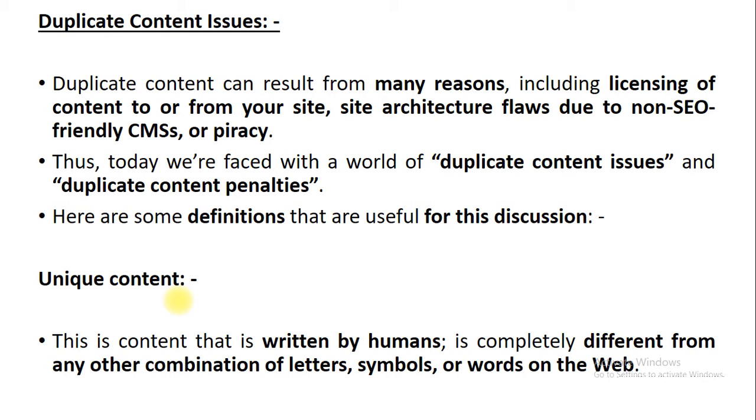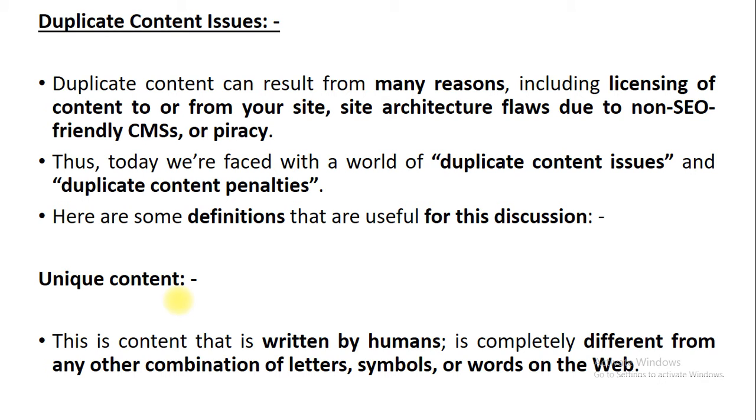So before discussing those points, let me read out the three points which are part of duplicate content issues. A duplicate content can result from many reasons, including licensing of content to or from your website, site architecture flaws due to a non-SEO friendly CMS, or piracy.